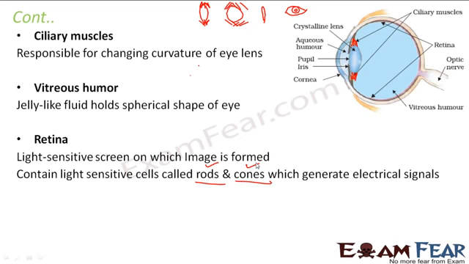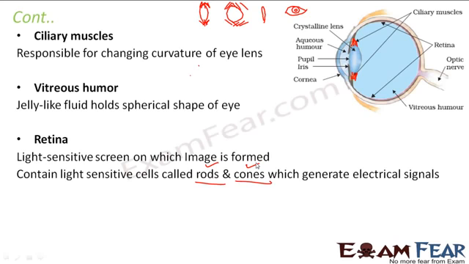Now, what kind of image is formed by this lens which you see here? This lens forms a real and inverted image. But do you think that whatever we see before us, we see it inverted? We do not see it inverted, right? We see it erect. So how does the inverted image get converted into an erect image? That happens because of these rods and cones.